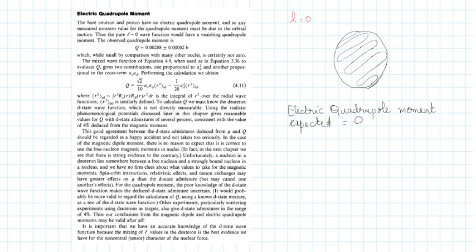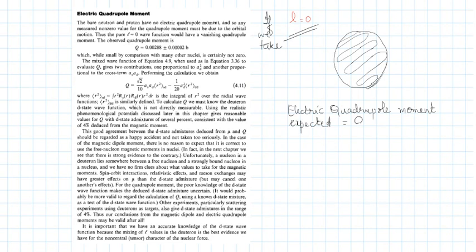If we take our deuteron to be just the L equal to 0 state, the expected quadrupole moment will be 0. But when we measure the quadrupole moment, we see that it has a non-zero value. Its non-zero value indicates that the charge distribution is not spherical in shape.